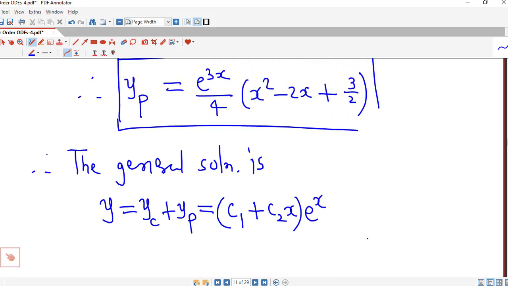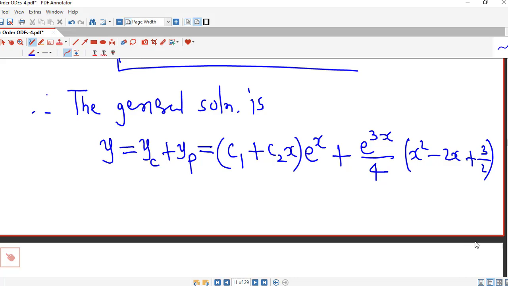The particular integral is plus e raised to 3x by 4 into x square minus 2x plus 3 by 2. So this is the solution of the given differential equation, where c1 and c2 are arbitrary constants.